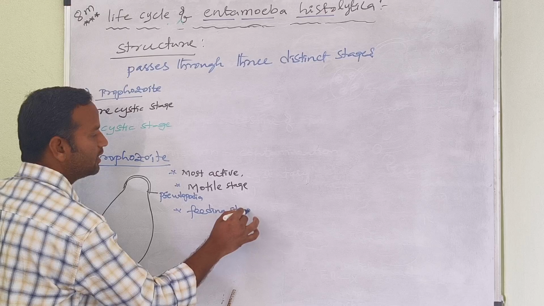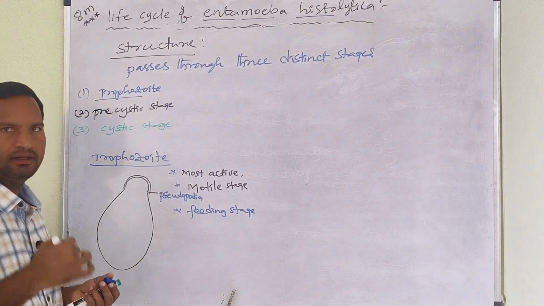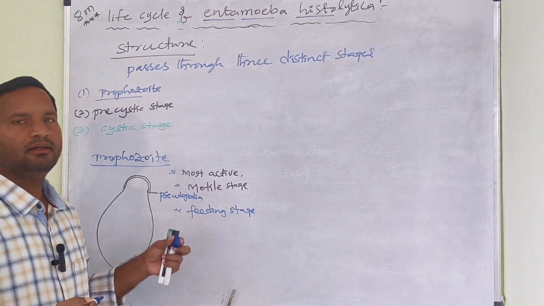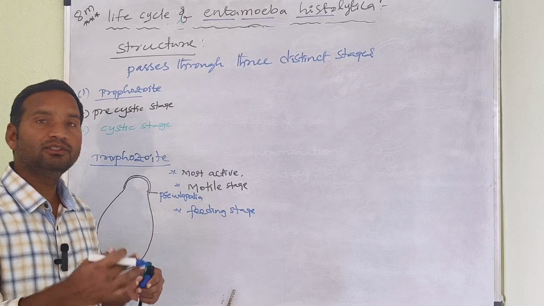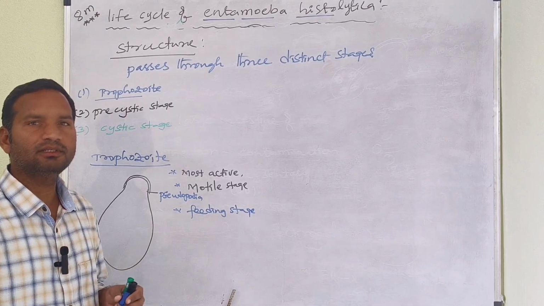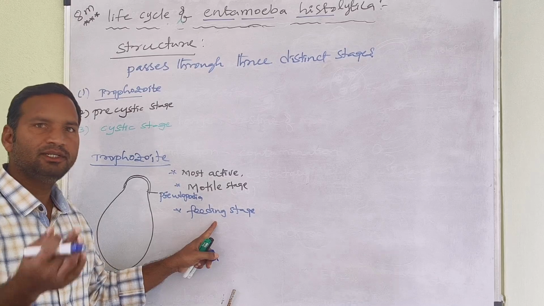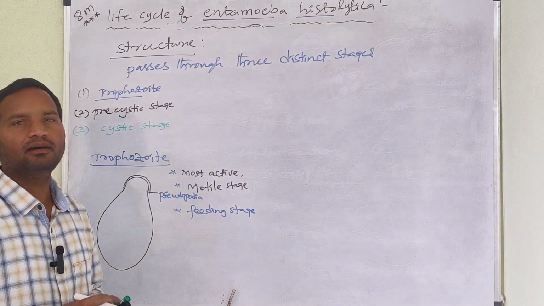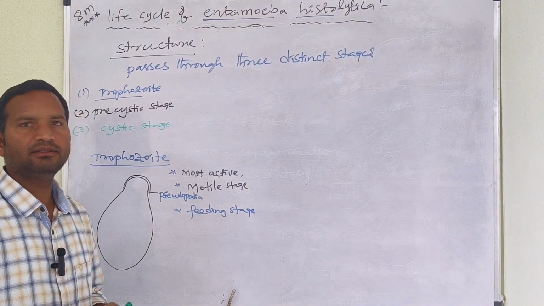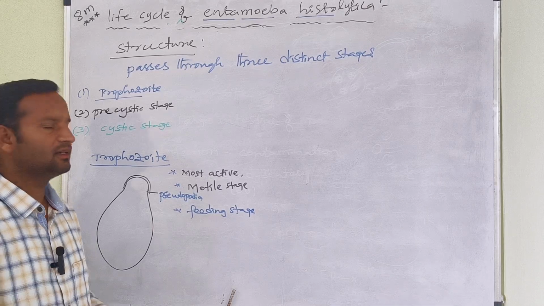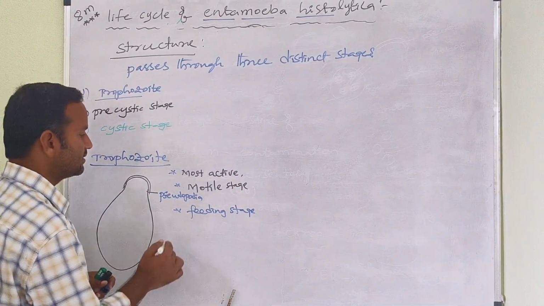What is the meaning of feeding? Feeding means eating. With the help of pseudopodia, it moves from one place to another, and in this stage it feeds on the contents of RBCs, cellular debris, host tissues, etc. That's why this is called the feeding stage.